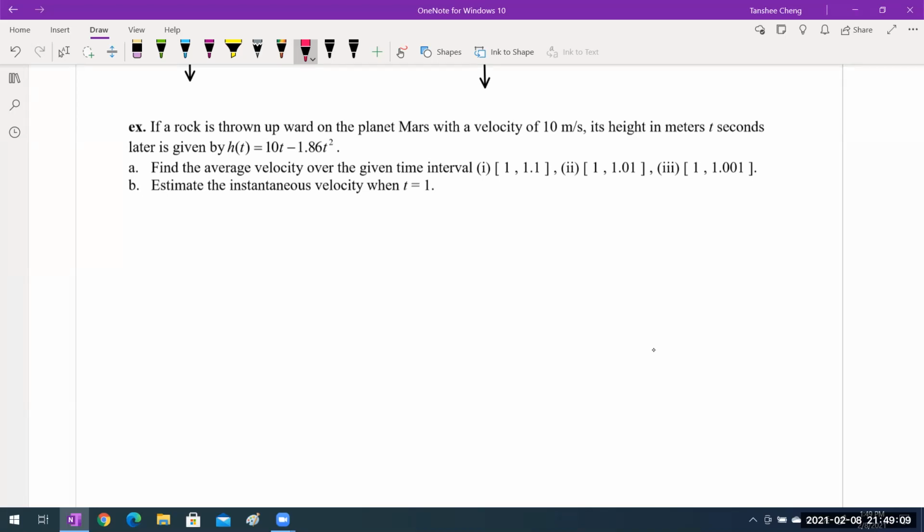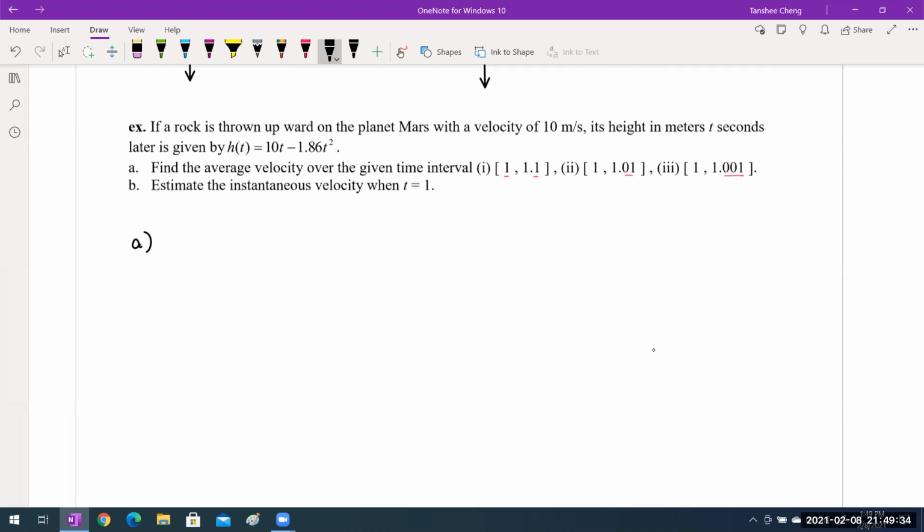Notice the way we do it: the time intervals given in part A are 1 second to 1.1 seconds, then getting closer to 1 second, 1.01 seconds, 1.001 seconds. And let's talk about how the rate of change is changing.